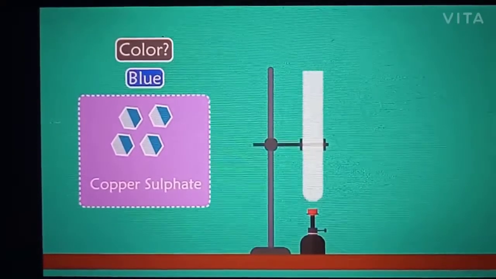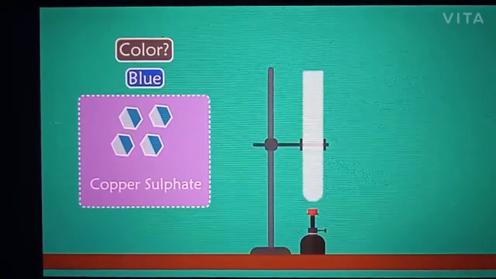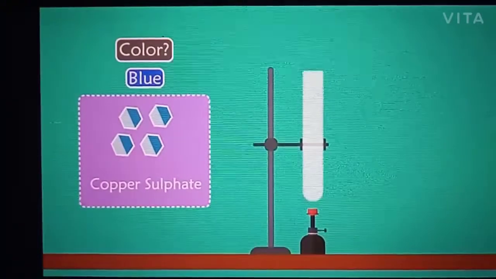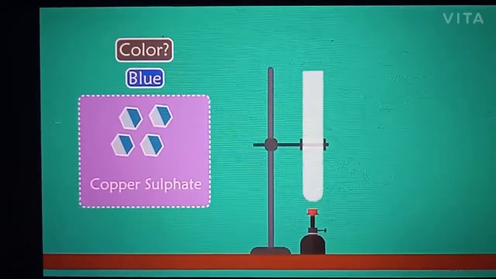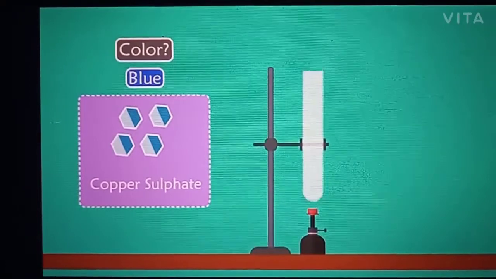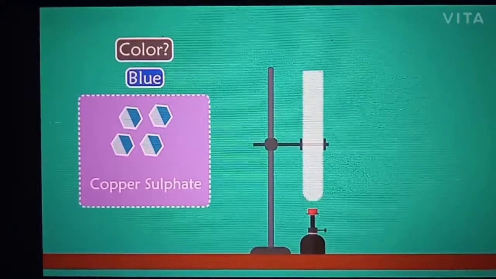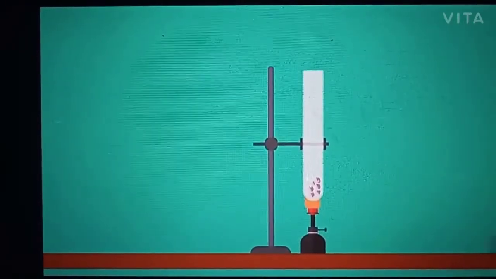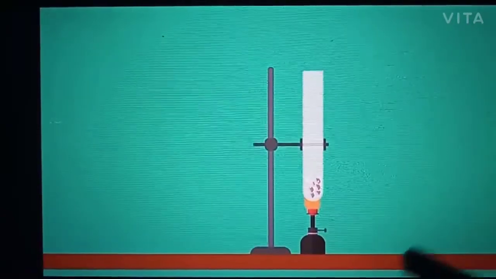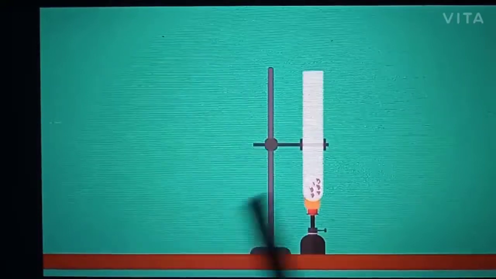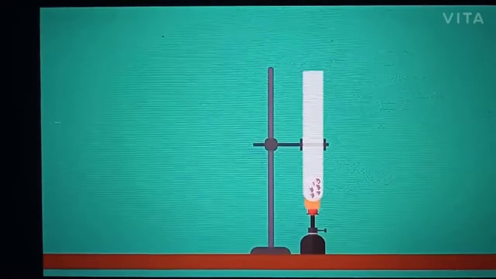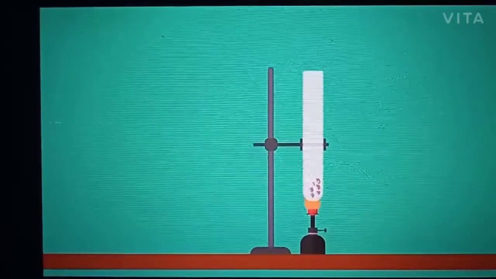So first, we are taking the copper sulfate in the test tube, and its color is blue. Next, we are heating the copper sulfate and observing what happens. When you heat the copper sulfate crystals, the blue color changes to white. Why does this happen?